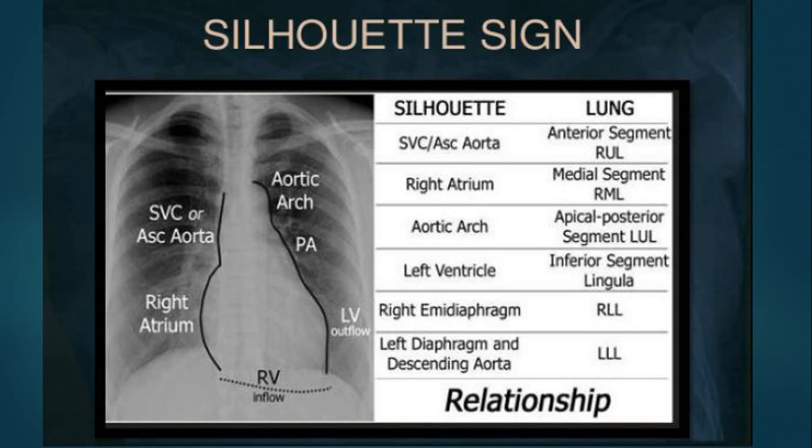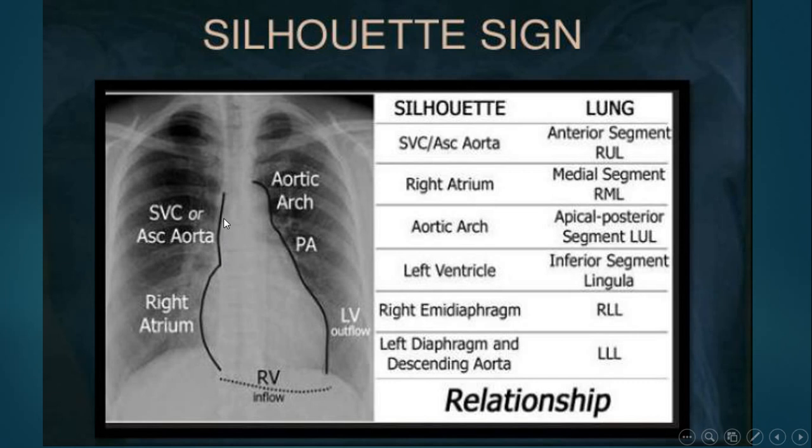So, to review the parts of the chest that can be silhouetted and we can see them. What are they? First, we have this heart and great vessels image. You can see the aortic arch, the pulmonary artery, the left ventricle, the right ventricle, the right atrium, the SVC or the ascending aorta on the right side.